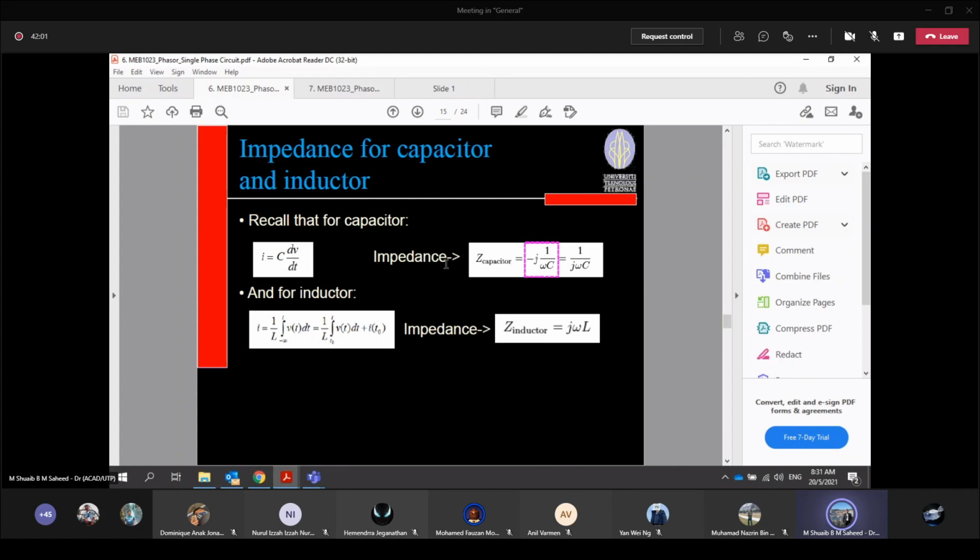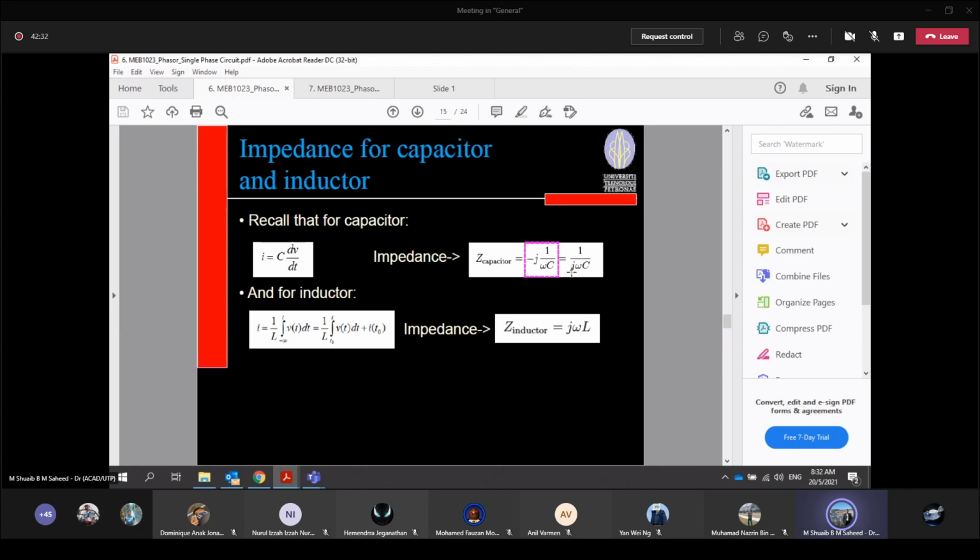The reactance for a capacitor, the symbol is not Z, it should be X. XC is negative j 1 over omega C. Or if you want to put the j at the bottom, then it will be 1 over j omega C. If you put it at the upper side, it will be negative; at the bottom side, positive.